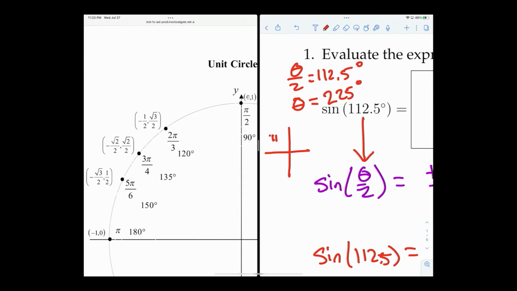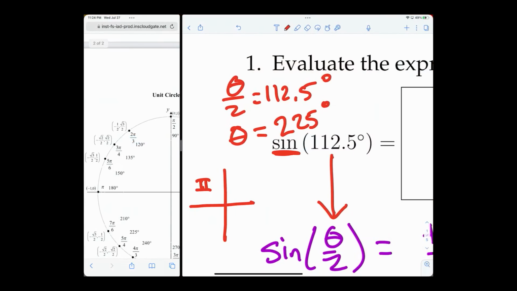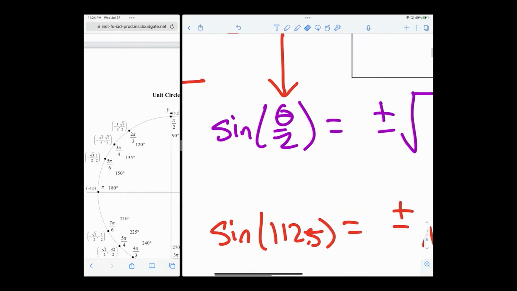In quadrant 2, the y values are positive and the x values are negative. And we're doing sine, and sine is the y value. So in quadrant 2, the sign should be positive. So sine is plus, and the cosine, which we don't need, was minus in that quadrant.